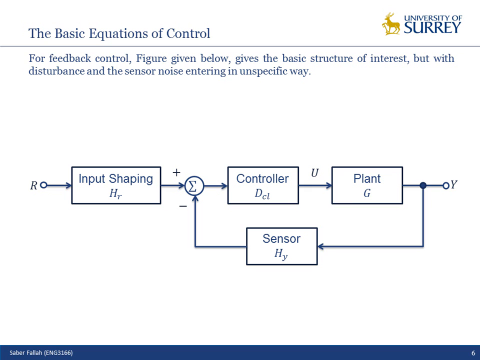But in this module, I ignored the actuator. We have two other input signals as well: one is the disturbance to the plant, and another is sensor noise. For proper control design, we need to consider these two additional input signals.